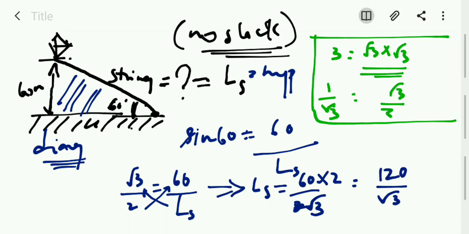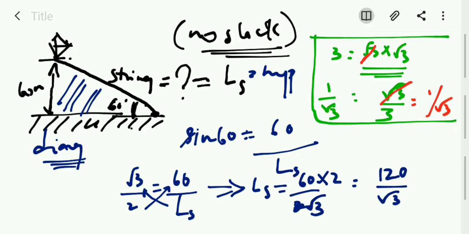Root 3 by 3, is it the same as 1 by root 3? Correct. Now what is 3? Root 3 into root 3. One root 3, one root 3 cancels out. And what you'll be ending up with is 1 by root 3 itself.